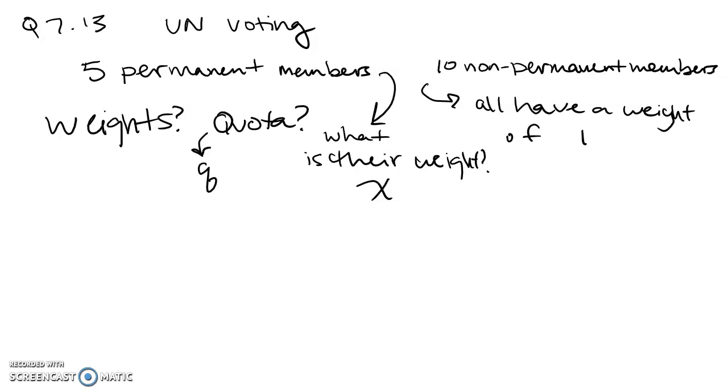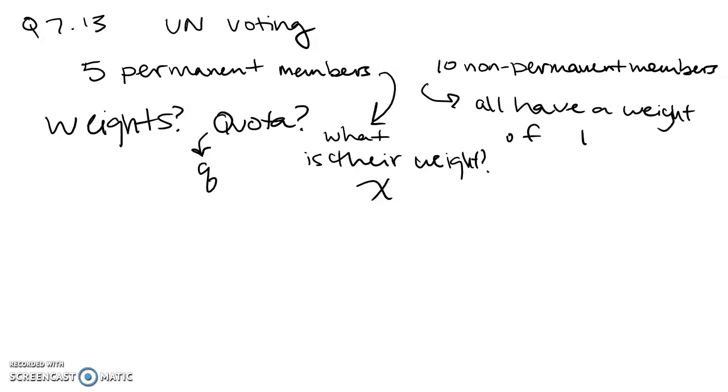They tell us in the problem that for things to pass, all of the permanent members must vote and at least 4 of the non-permanent members must vote.